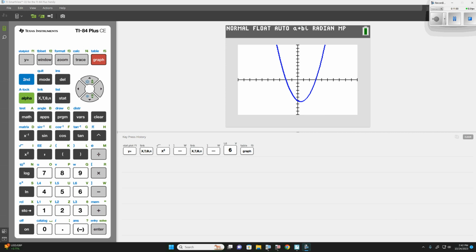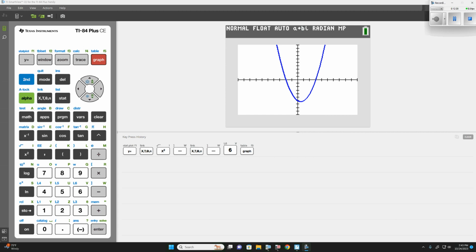So, do we all see this graph here? I think except yours is not blue. Hit graph.